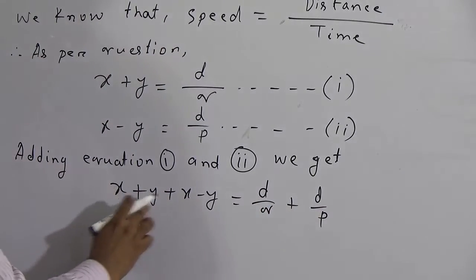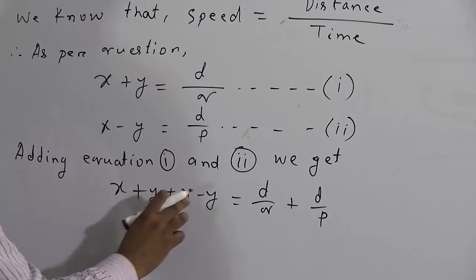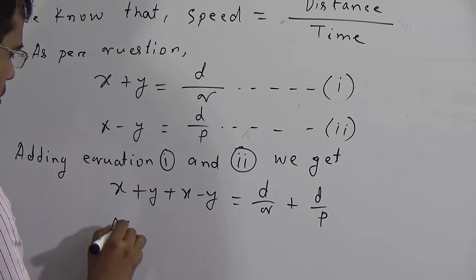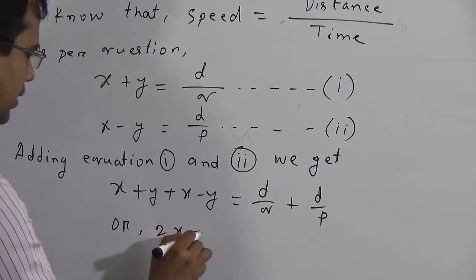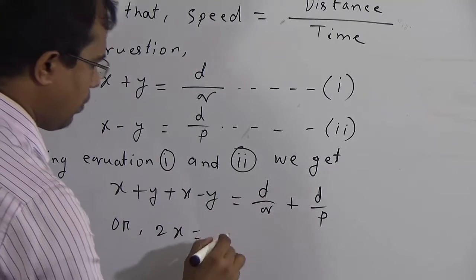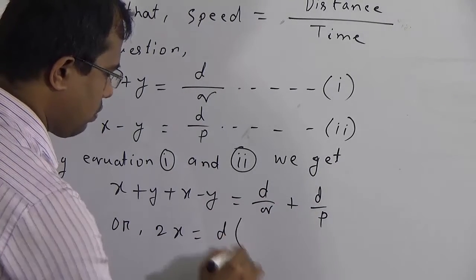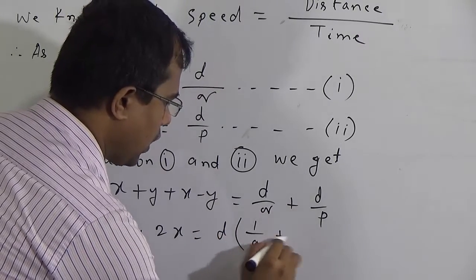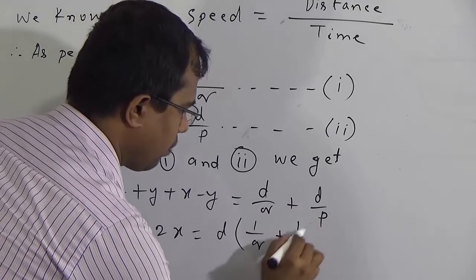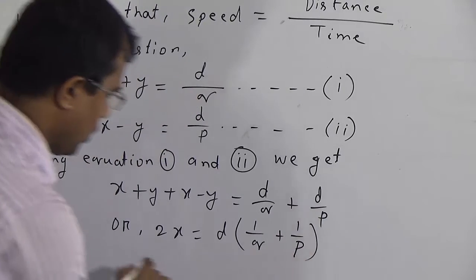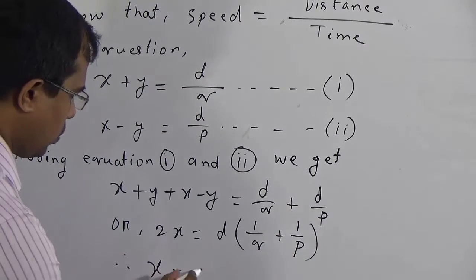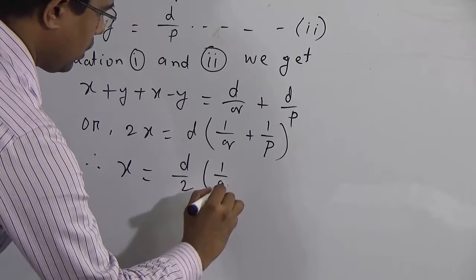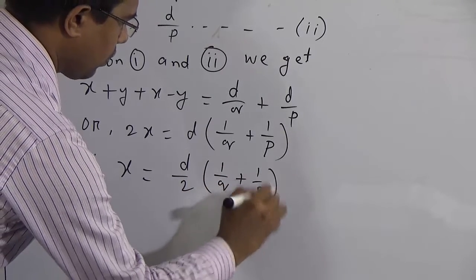Here plus y and minus y we can cancel, so ultimately x plus x, that means 2x, equal to d outside of the bracket, and inside the bracket 1 by q, and from this term 1 by p will come. Therefore, x equal to d divided by 2 into 1 by q plus 1 by p.